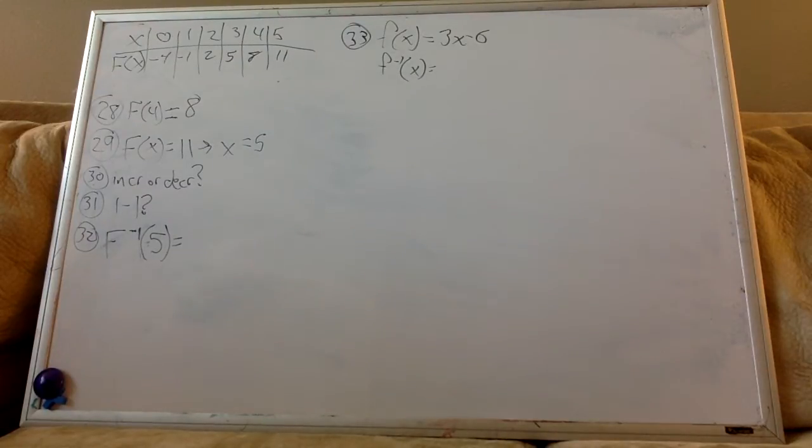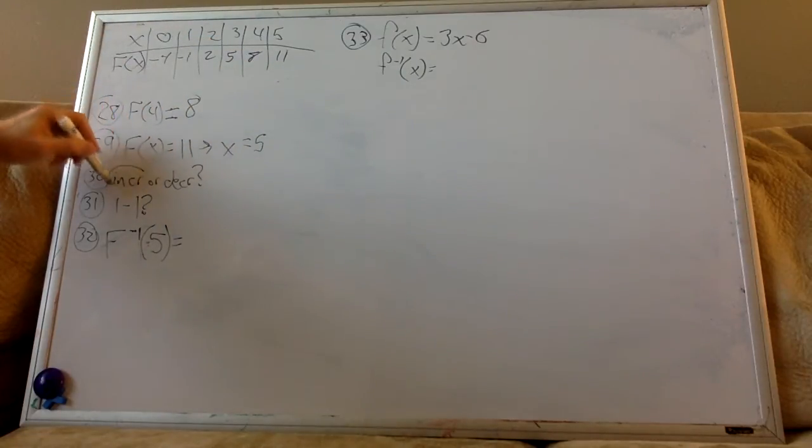And then 30 asks us, over this interval that we're given, is our function increasing or decreasing? Now, the way we judge that is we say, as x is increasing, what is happening to the f of x? So as x is increasing, the f of x is also increasing, so it must be increasing.